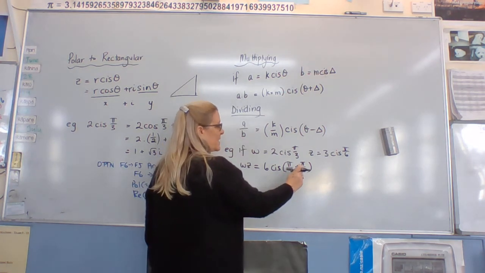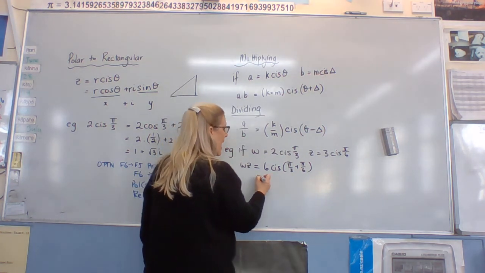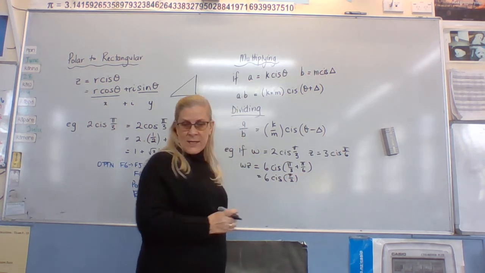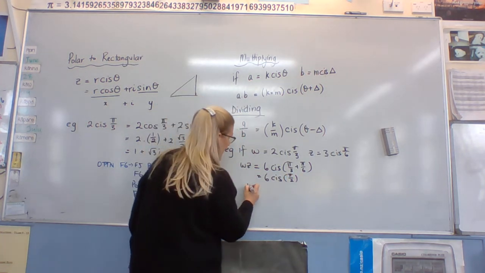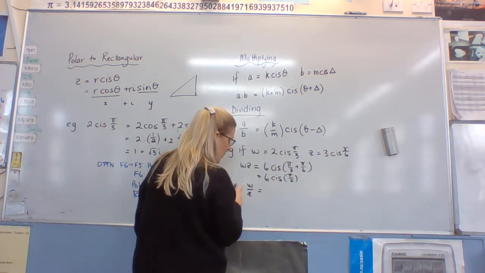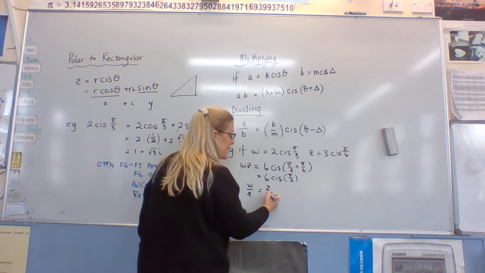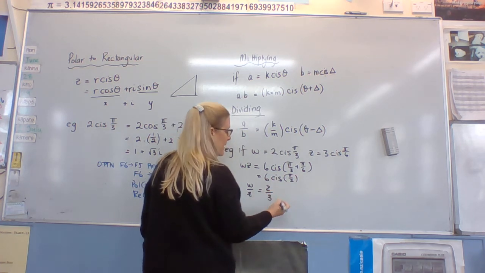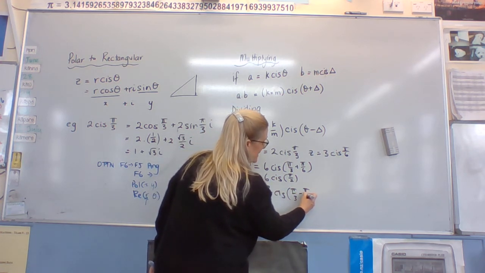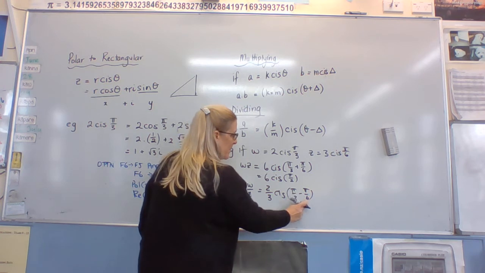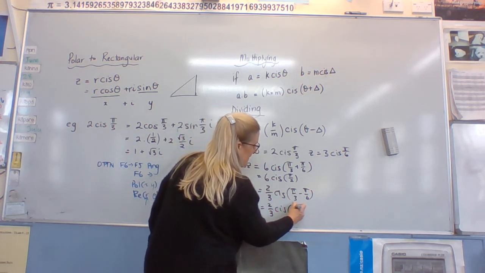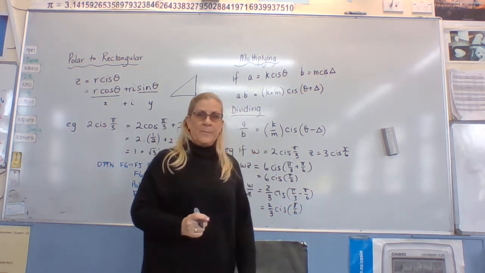That's 2 pi by 6 plus 1 pi by 6 makes 3 pi by 6, which is a half, pi by 2. And if we're dividing, we've got this time 2 divided by 3, W over Z. So 2 over 3, cis, and subtracting this time pi by 3 minus pi by 6, 2 pi by 6 minus 1 pi by 6 equals 1 pi by 6. And that's how you write it.